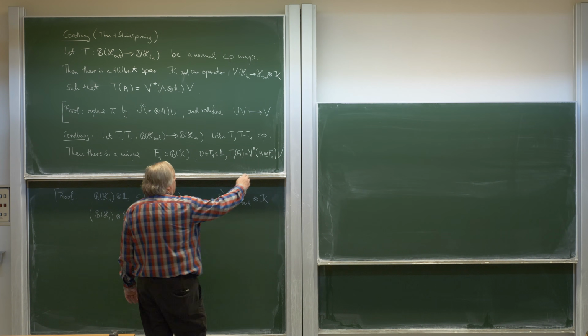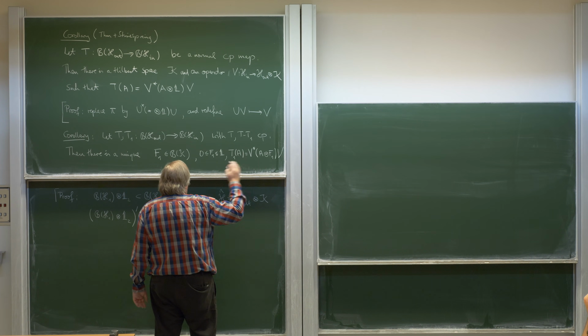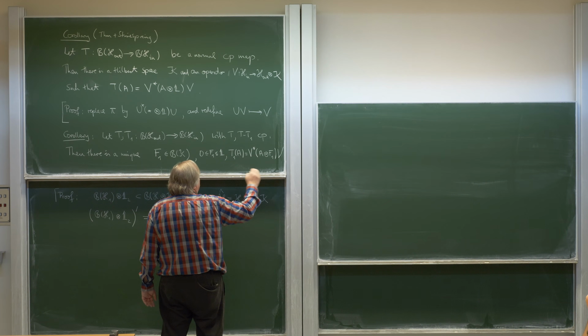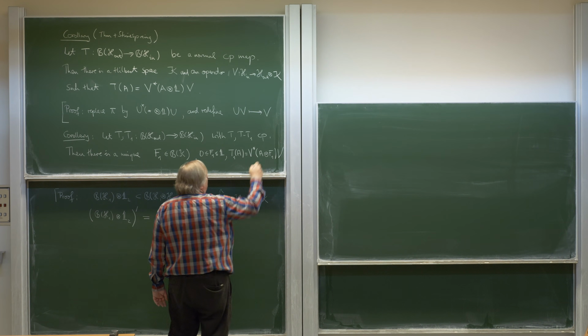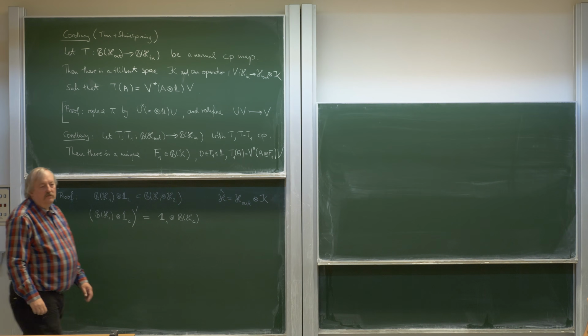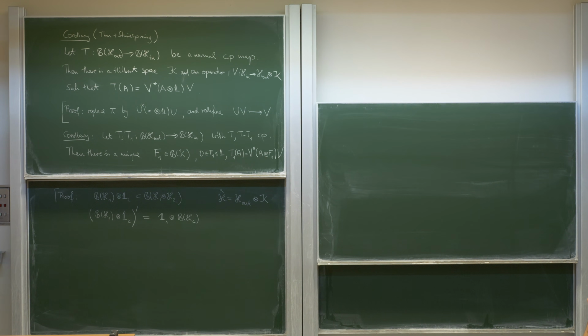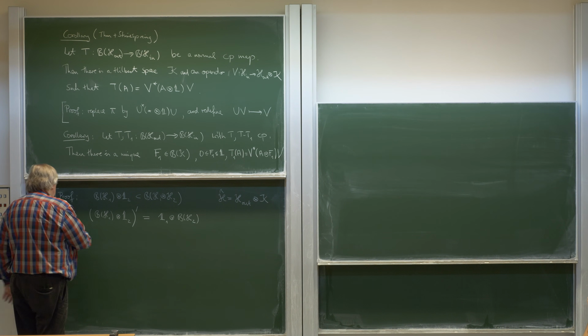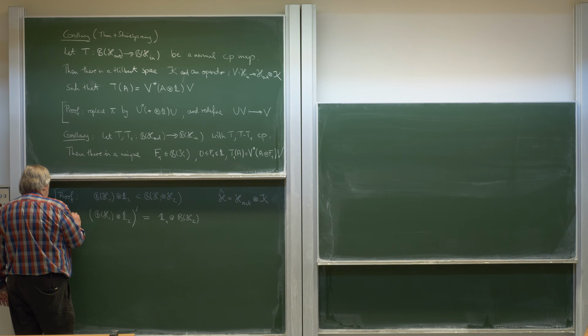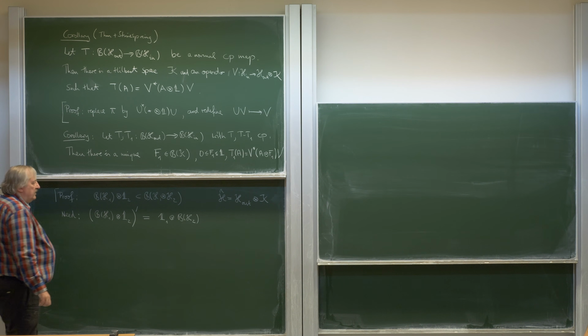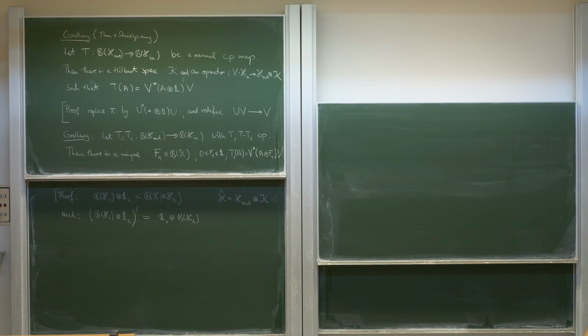Right? So the F1 of the previous theorem is actually 1 tensor F1, and I rename that and multiply these two things together that way. Okay, so this is the only thing that is actually needed here to complete the proof.